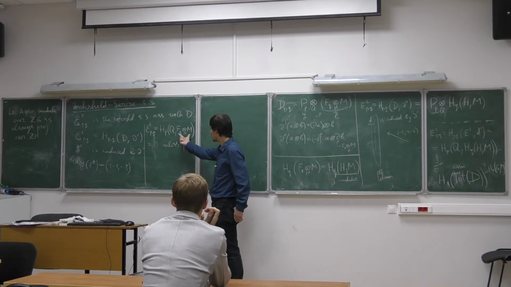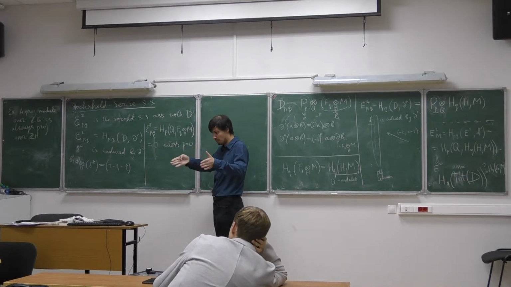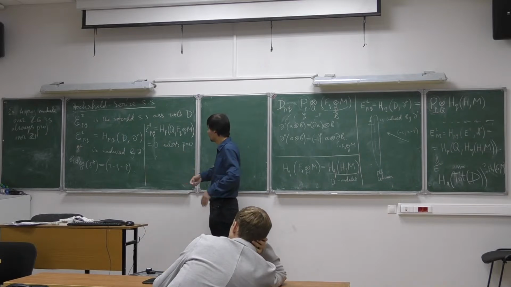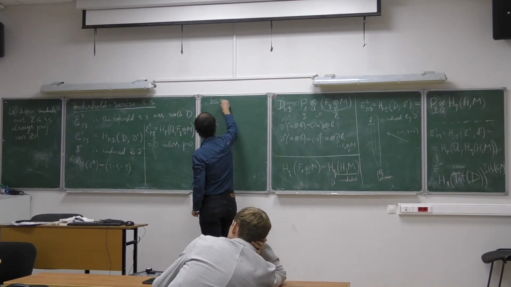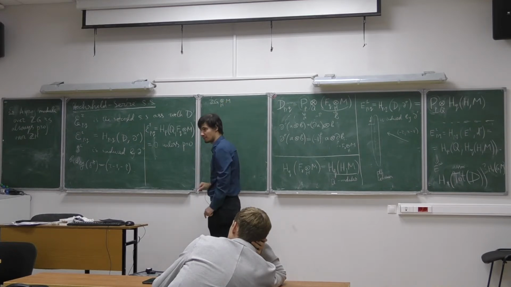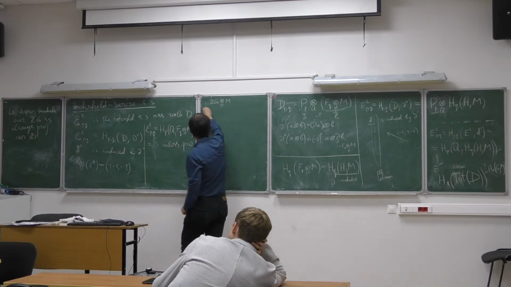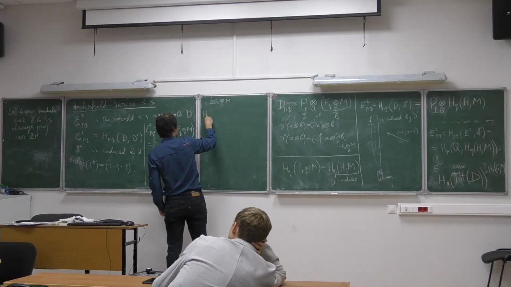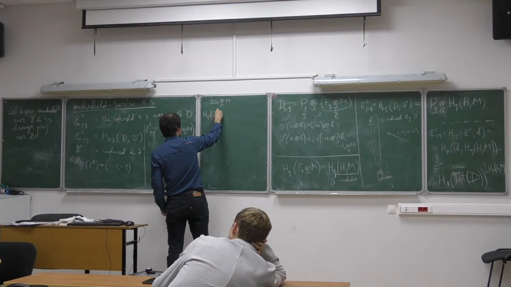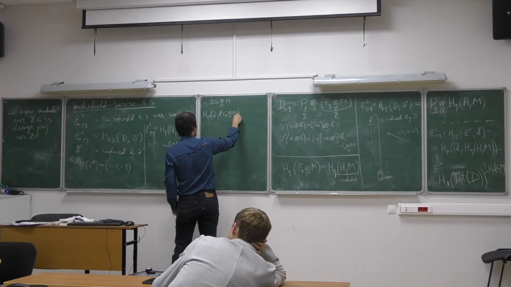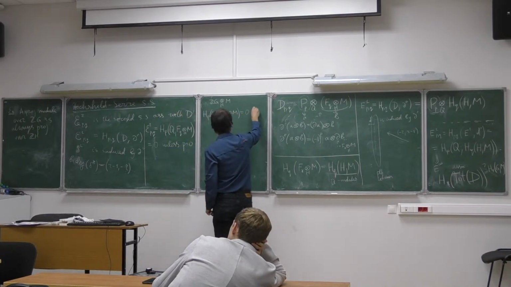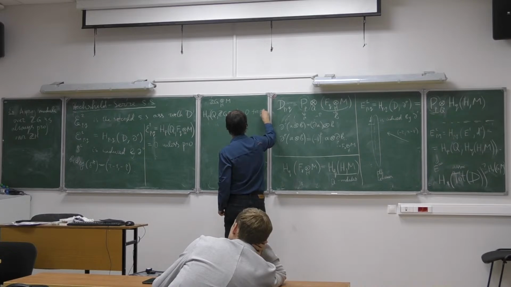If F is free, then this module is just a sum of identical pieces. Identical pieces are the module ZG, but considered as a left H-module, and tensor product with M. So actually we need to prove the following: I claim that H_p of Q with coefficients in such a module is 0 for p not equal to 0.